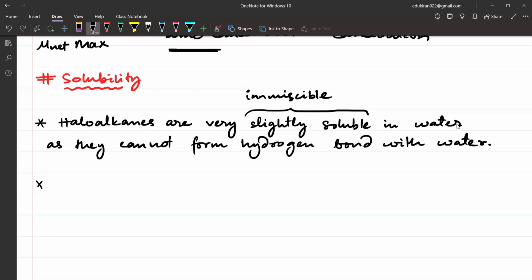Next point you will write haloalkanes are soluble in organic solvents.